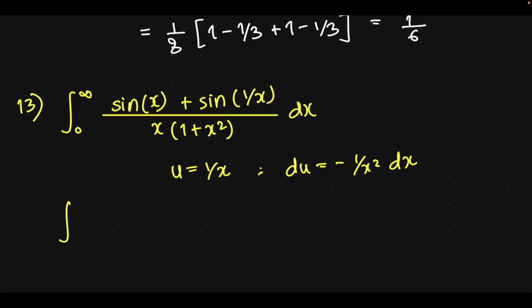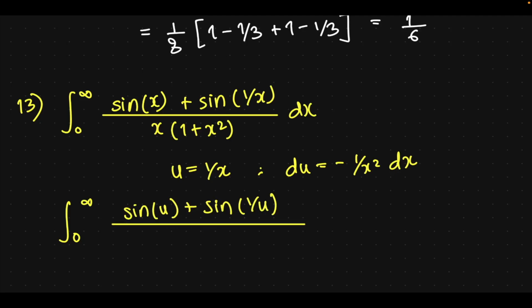So that gives us the integral from 0 to infinity again of (sine of u plus sine of 1 over u) divided by (1 over u)(1 plus 1 over u squared). And we have a u squared from the differential factor du.